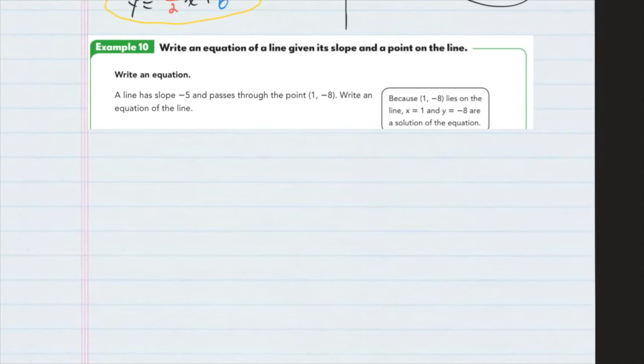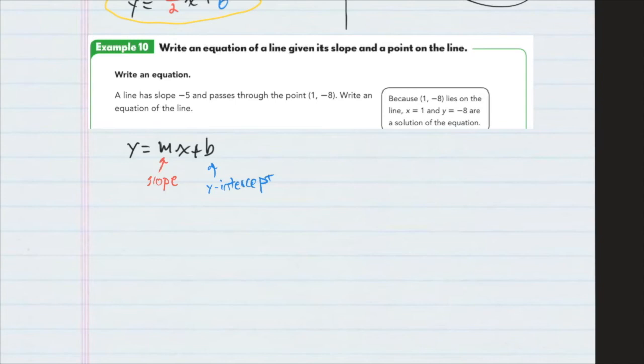So what are the two things needed for an equation of the line in slope-intercept form? This one should be pretty easy. You have to know the slope, and you have to know the y-intercept. Now, let's see, what are we given here in our problem?